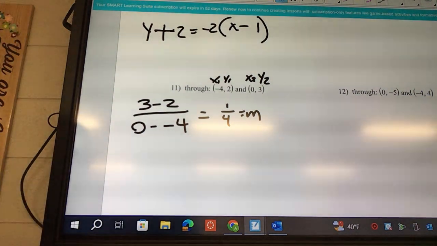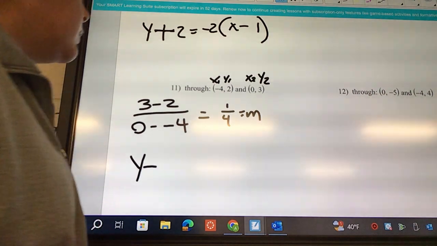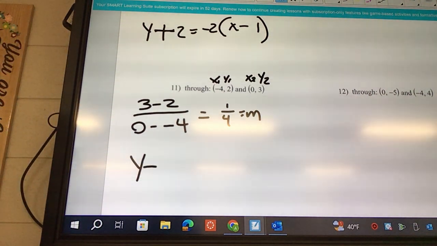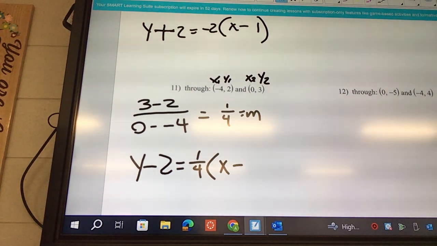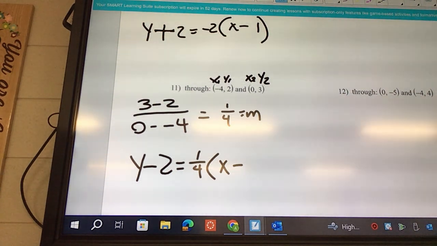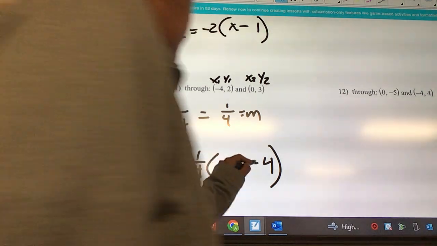That's my m. If you're using that formula, hopefully you have it written down because I'm scrolling, but you got y minus, what is my y1? 2 equals my m is 1 over 4, x minus, what's my x1? Negative 4. What's wrong with this though? It's not completely finished. What's wrong with it? Yep, turn this into a plus.